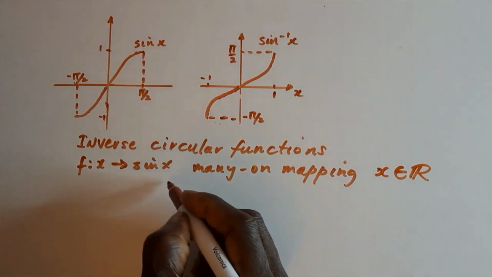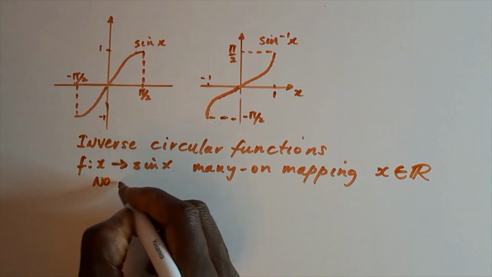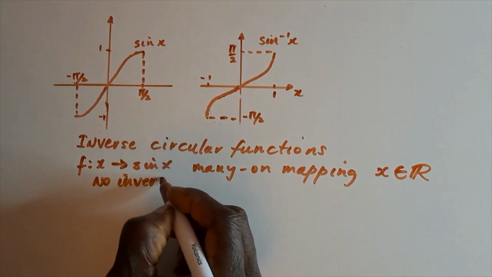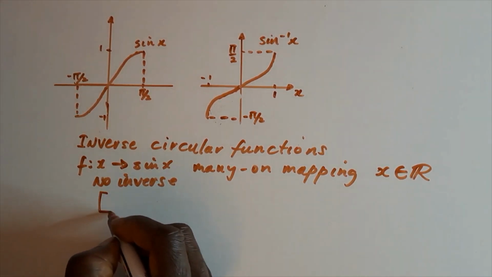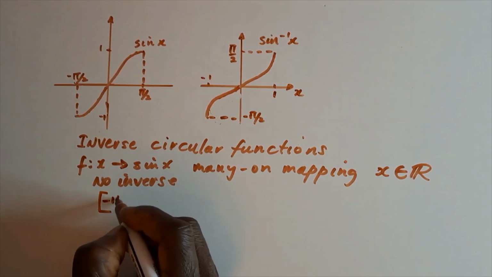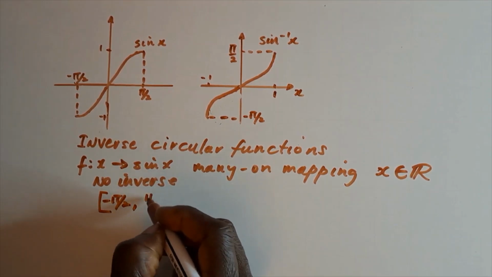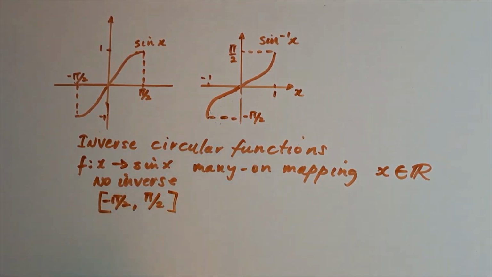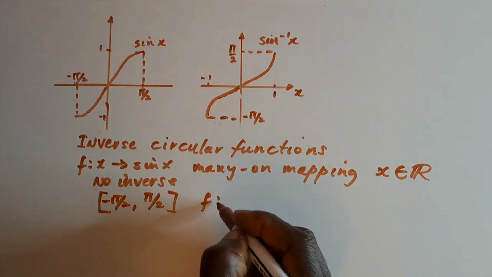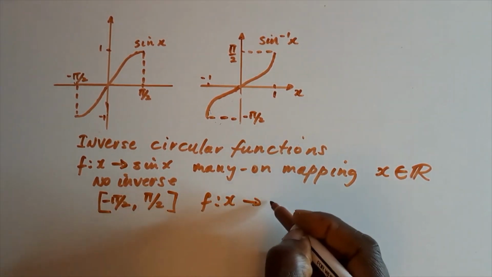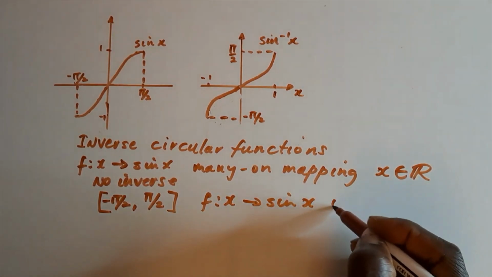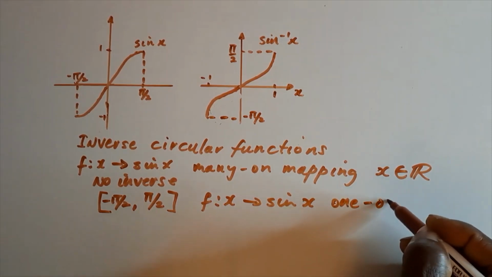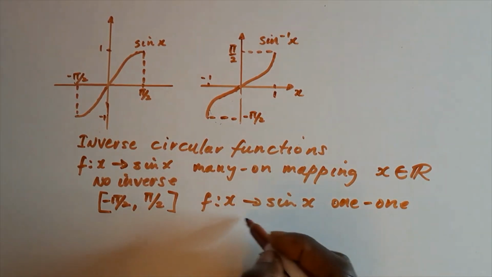So no inverse here. But if we curtail our domain to the interval minus pi over 2 to pi over 2, then we can have f maps to sine x, and that's a 1-1 mapping.